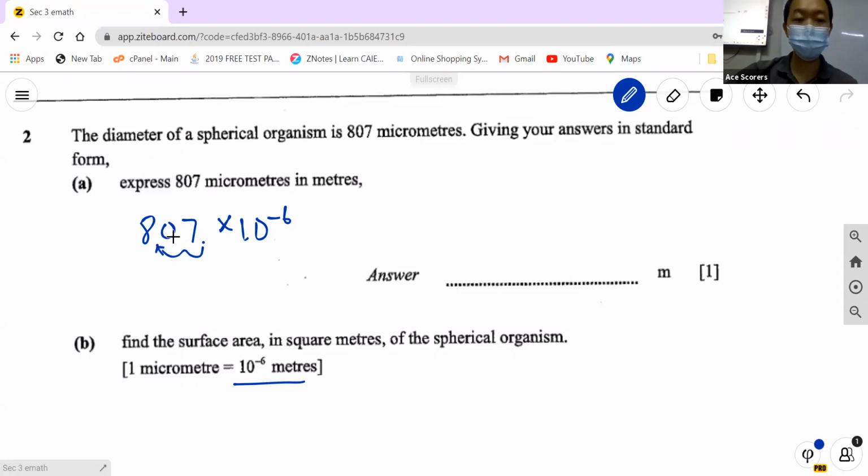So for it to come over here, this thing is the same as 8.07 times 10 squared. 10 squared is 100. You see, if I multiply by 100, I'll get 807, correct? Then this is times 10 to the power -6.